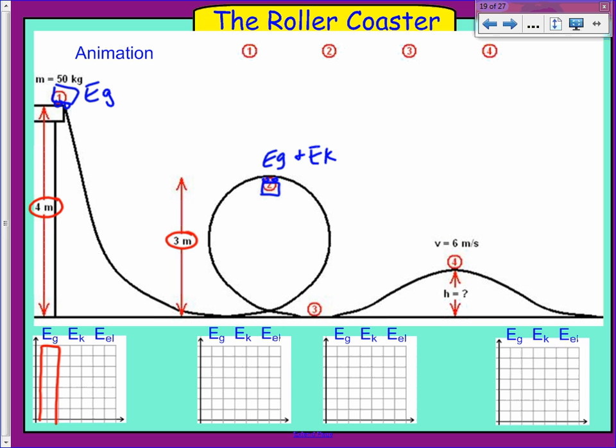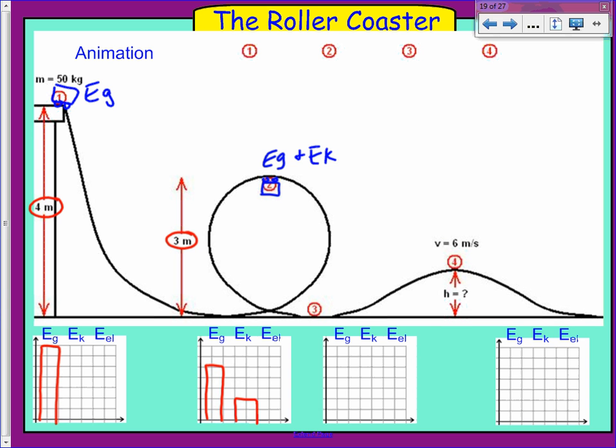Since it's almost back up to its original height, you'd imagine Eg would be highest at that point. So I'm going to maybe put 5 squares of Eg and 2 squares of Ek. Once again, it's all qualitative right now, but I want to make sure that my vertical number of squares is equal to 7, because I want to show that the total mechanical energy is conserved.